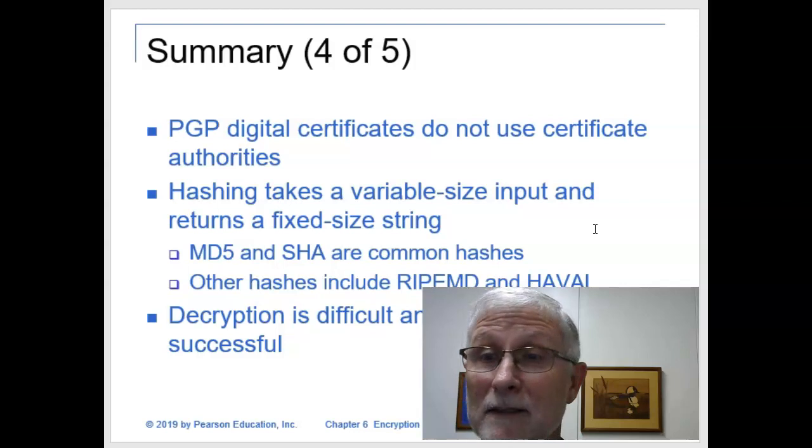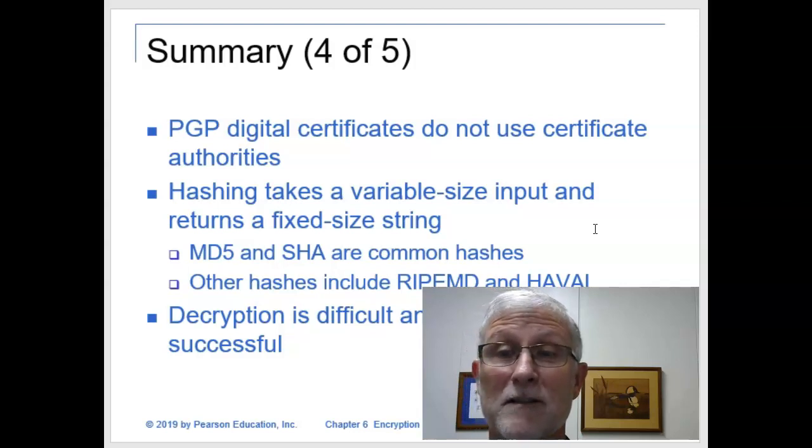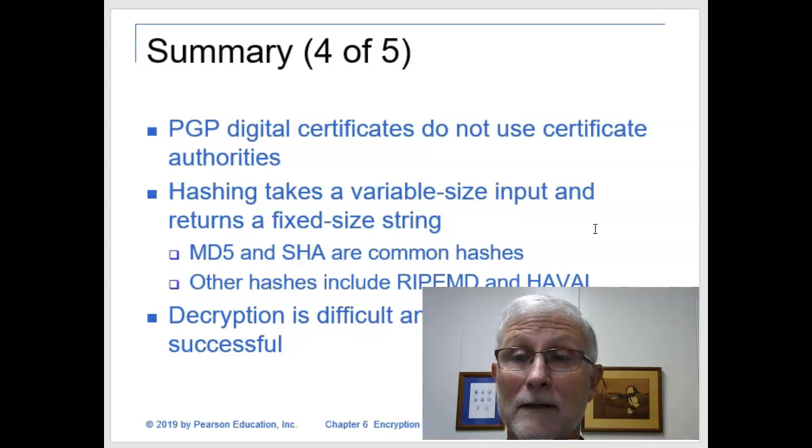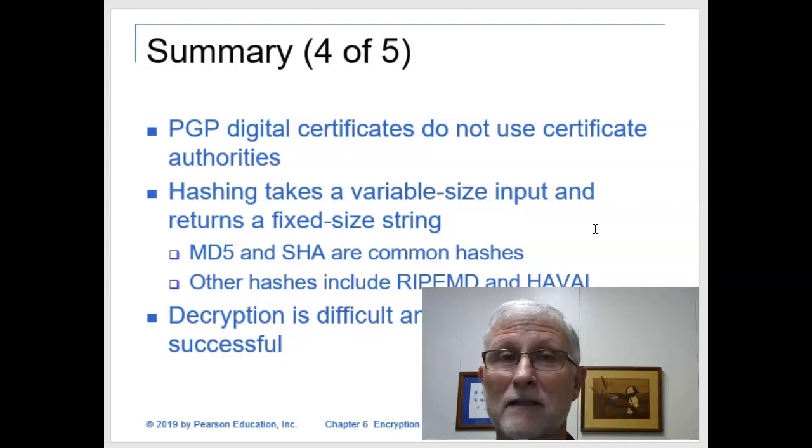Now, hashing basically turns a variable size input into a fixed size output. MD5 or SHA are the more common, but MD5 does have some weaknesses. Not enough to ban it from being used, but people need to be aware that there are weaknesses in there. And more people are sliding to SHA.